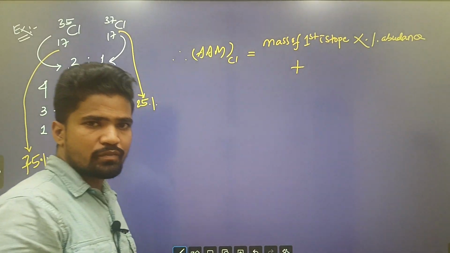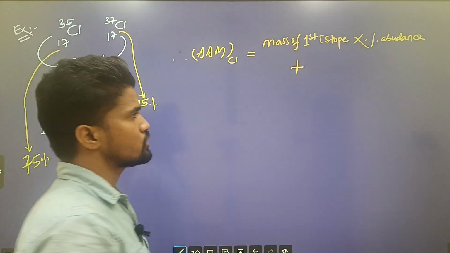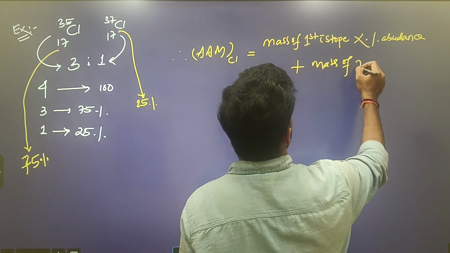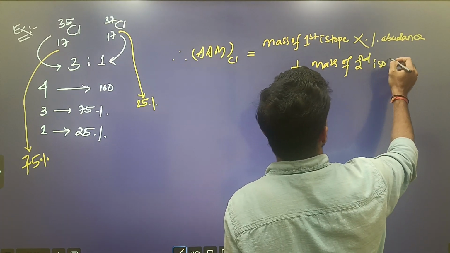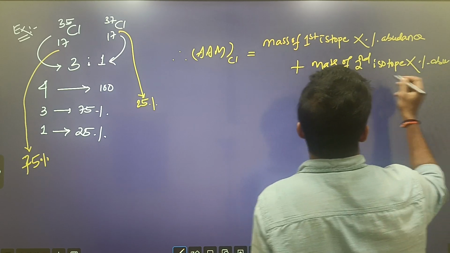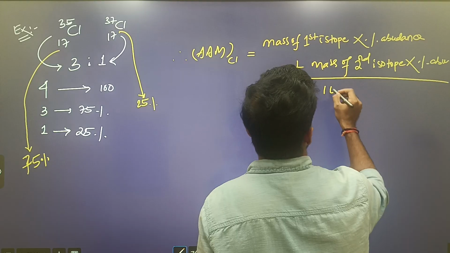Why do we put plus? Because there is one more isotope, yes or no? That means mass of second isotope into percentage abundance, whole divided by 100.